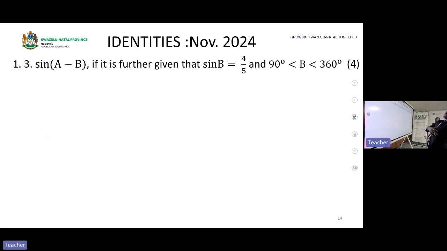Then 1.3, also on the very same paper, says determine sine of A minus B if it is further given that, which means the A we were using is still this one. But now we don't have B from the previous one.